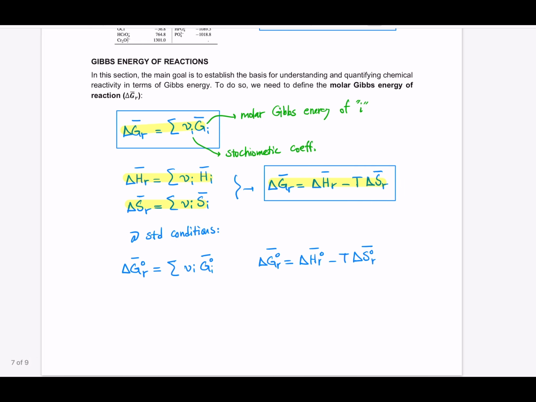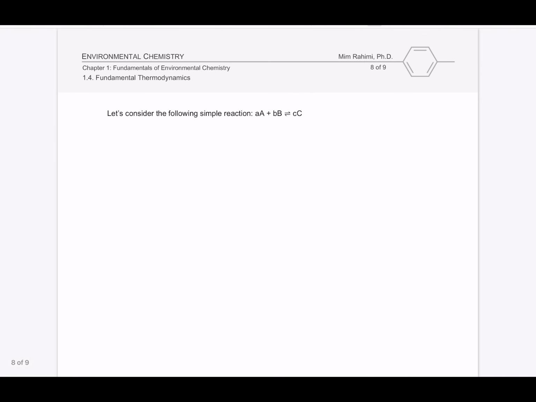So quickly we can apply what we've learned here to a hypothetical reaction. This is basically a hypothetical reaction of A plus B goes to C. We can talk about delta G of reaction per mole. This would be all the stoichiometric coefficients of all the entities at non-standard condition.